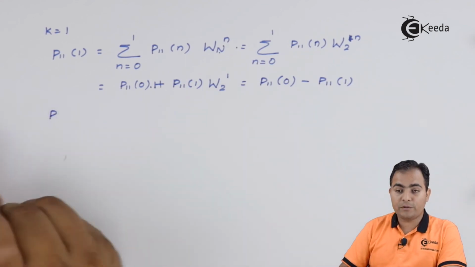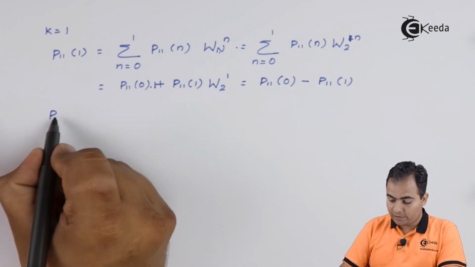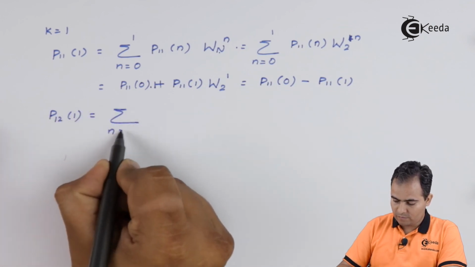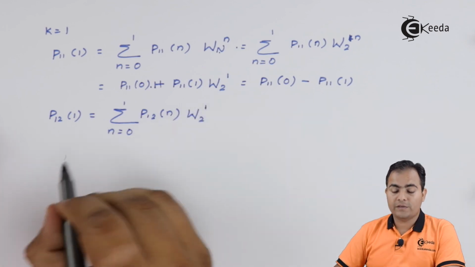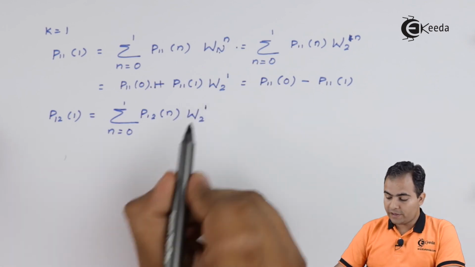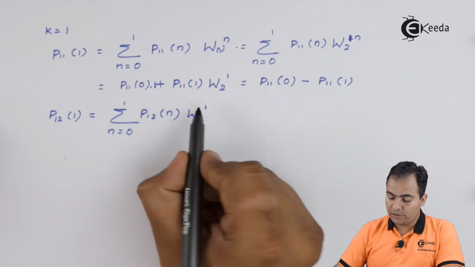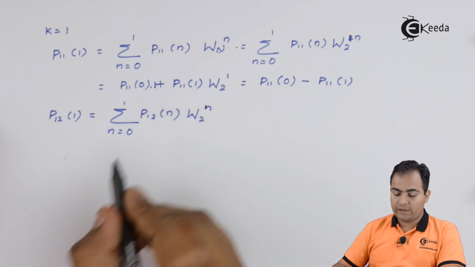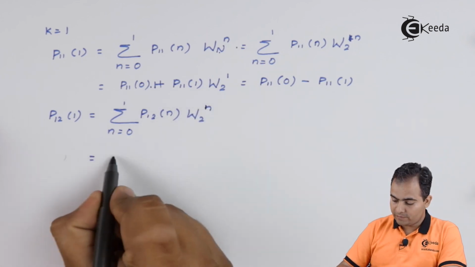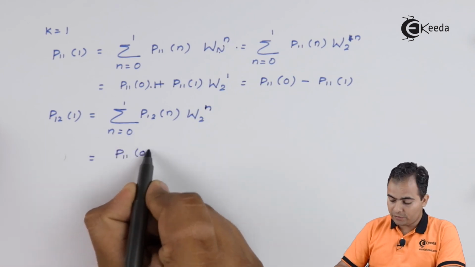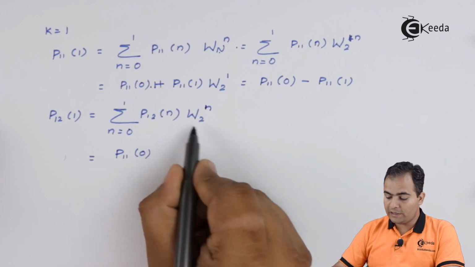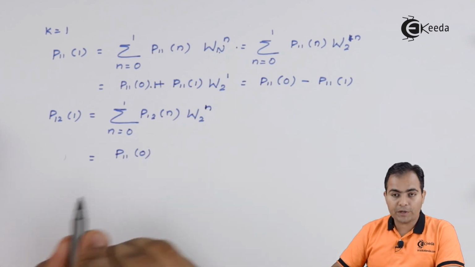Now similarly we will do the same thing with P12 of 1. Now here my k value is 1, so we'll directly write 1 into n is only n. Now I'll break this summation values. So first value I'm going to substitute, that is 0, and if n equals to 0, then anything raised to 0 is always 1, so I'm not going to write any value.